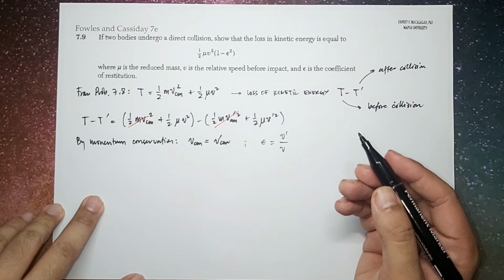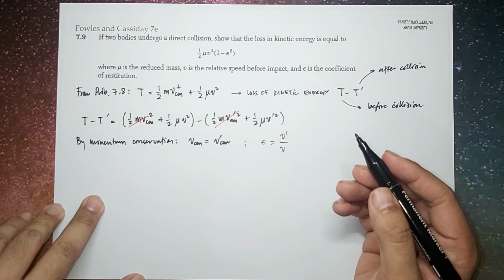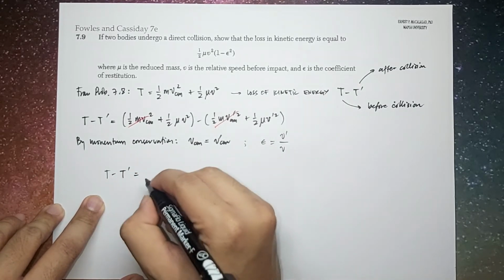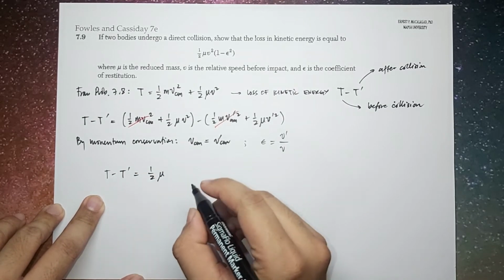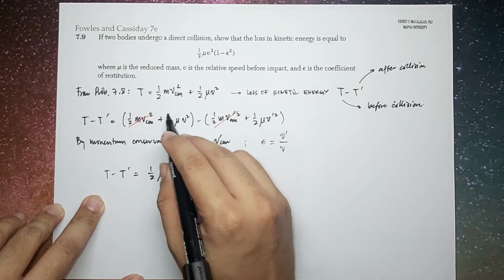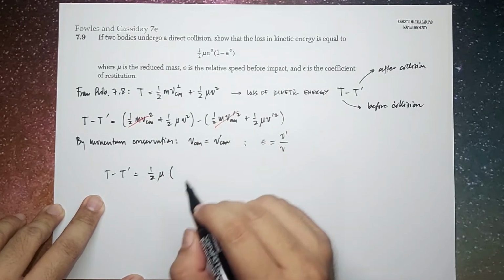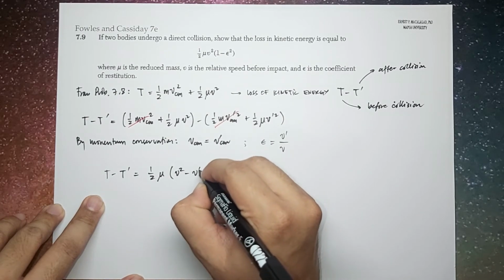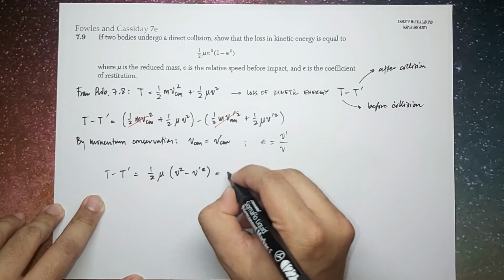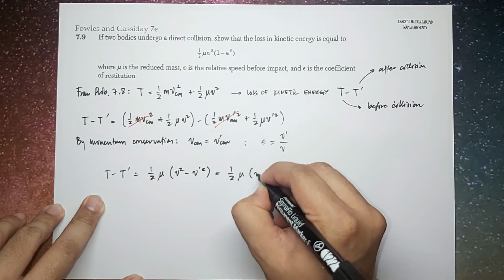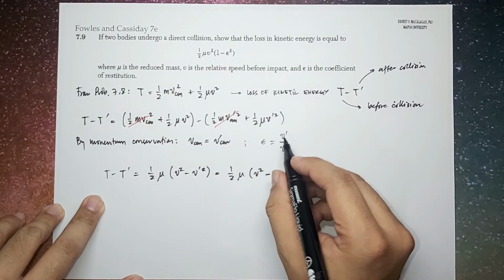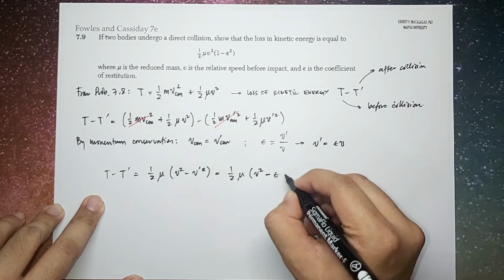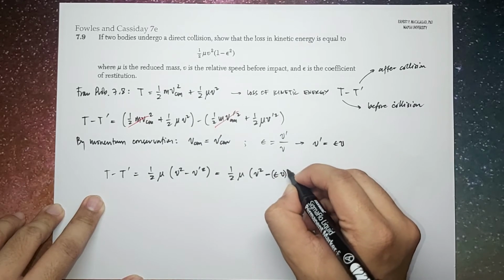So that means T minus T prime would be equal to 1/2 mu times v squared minus v prime squared, or 1/2 mu v squared minus, since v prime is equal to epsilon v, epsilon v squared.